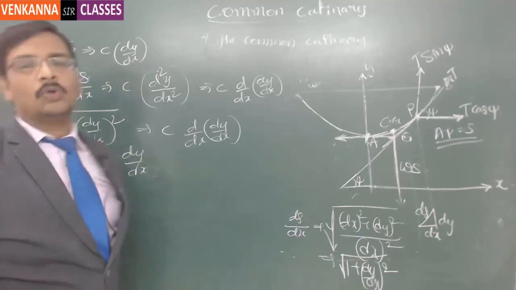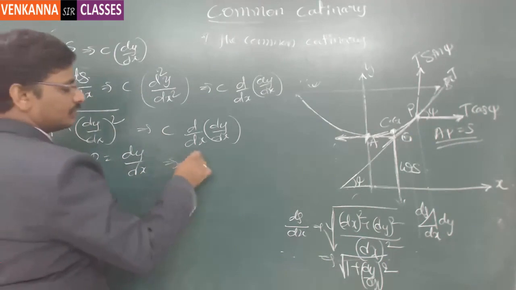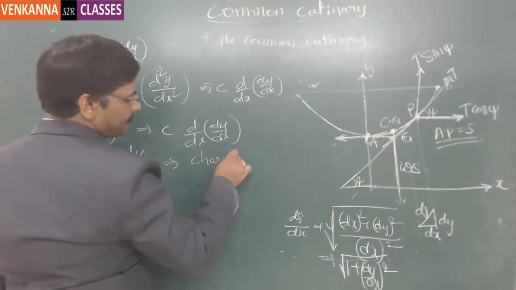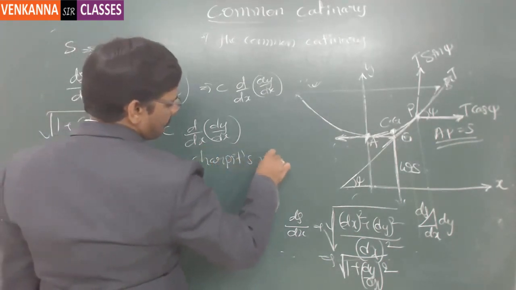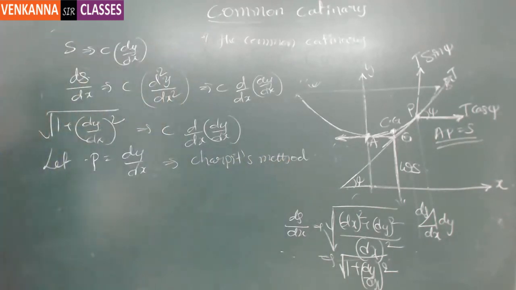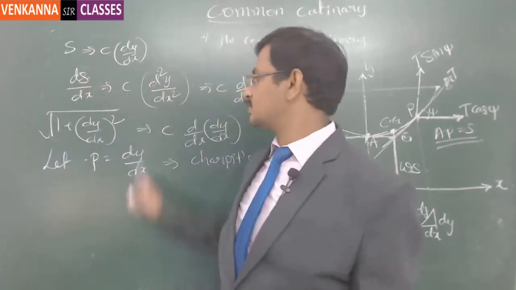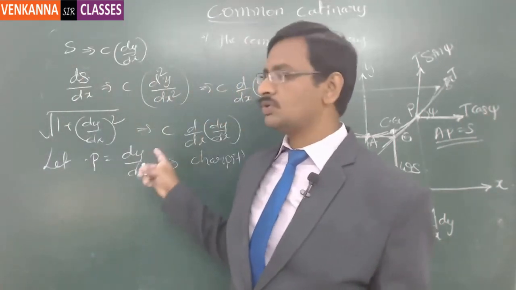This is a new parameter we have introduced here, and this method of introduction is called the Char-Pit method, Char-Pit's method of solving differential equations. Here, if you notice, these are non-linear differential equations, which we are going to solve now.